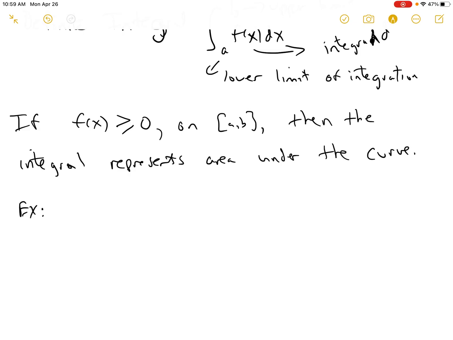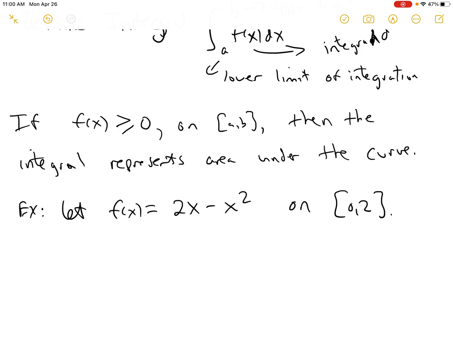And so let's do an example here. Let f of x be 2x minus x squared on the interval from 0 to 2.